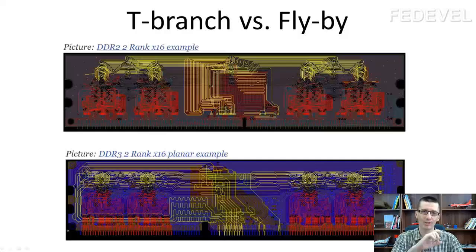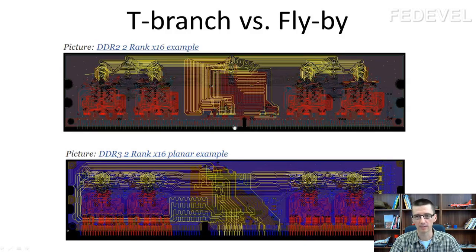I have a question for you. What do you think? How does this kind of design work? Because it's clear why we designed these memories with T-branch topologies. Do you know why? Because we wanted the signal from the processor to arrive exactly at the same time at all these memory chips.